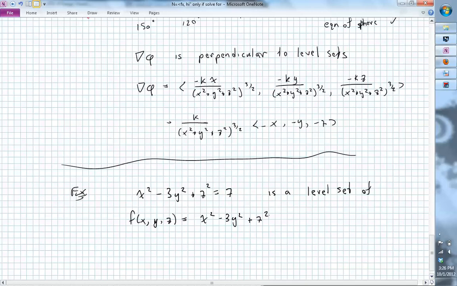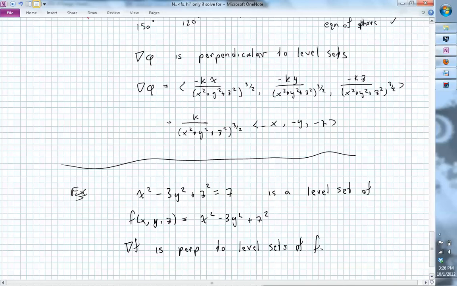What's useful about this observation is we now know that the gradient of f is perpendicular to level sets of f. And this thing that we're interested in just so happens to be a level set of this function f. It's not an accident, right?